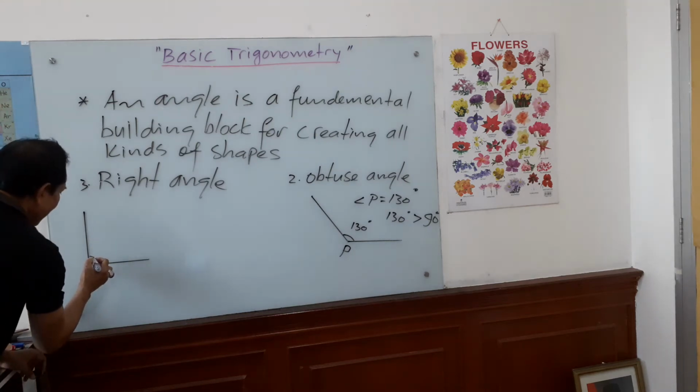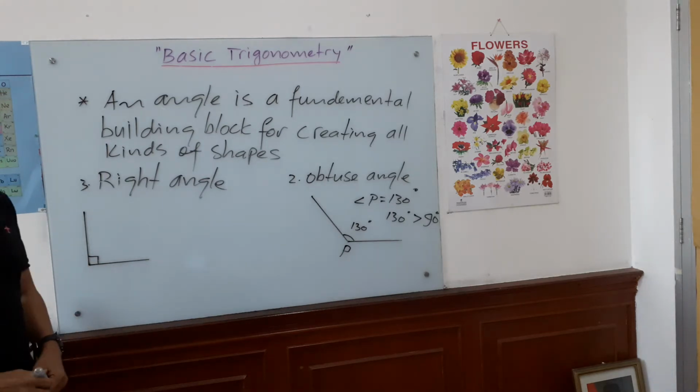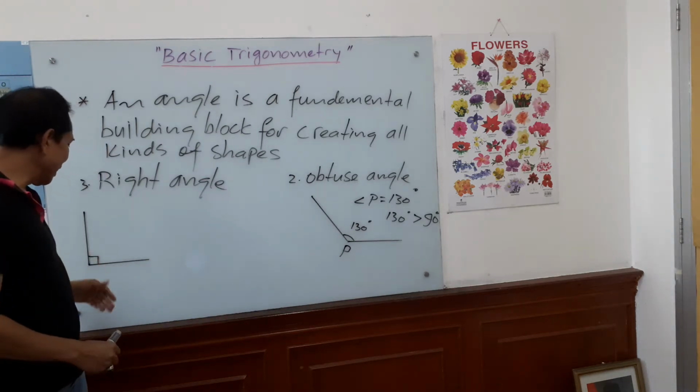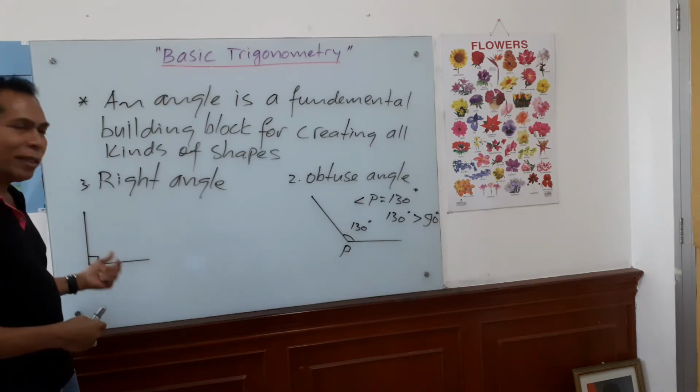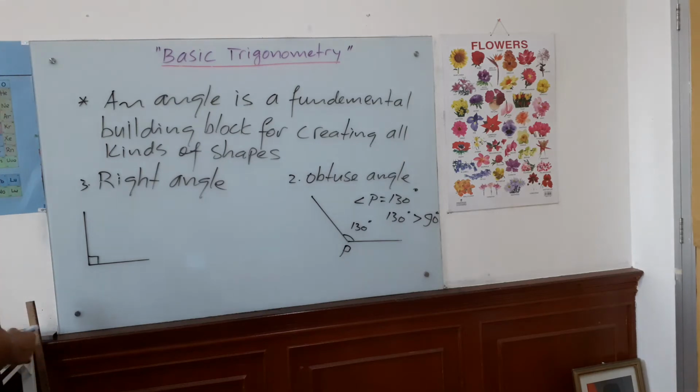Now, there is always a sign here, and this sign normally goes with a right angle. So if you see this sign, even though they do not write 90 degrees, you know that it is 90 degrees. So that is right angle.